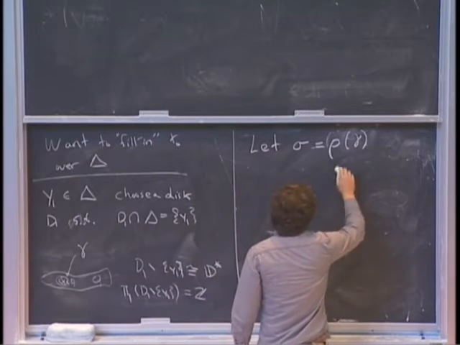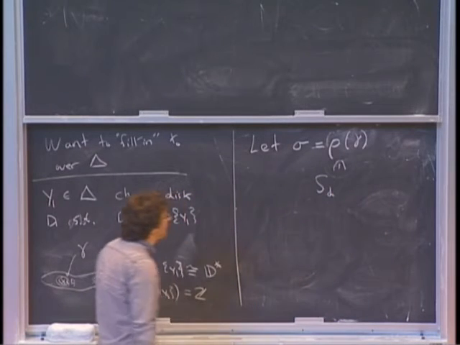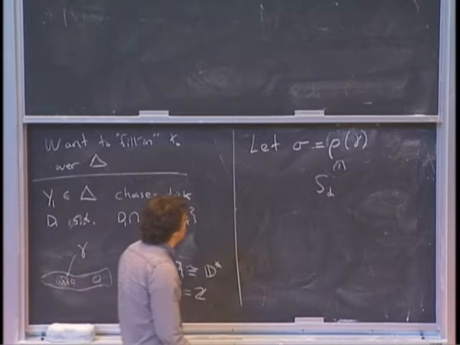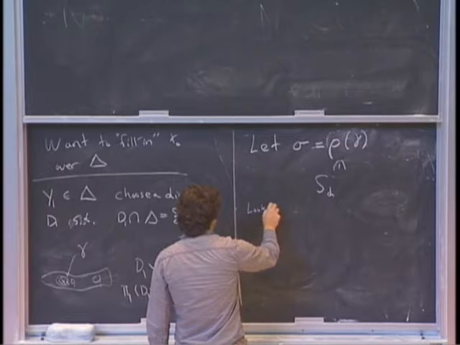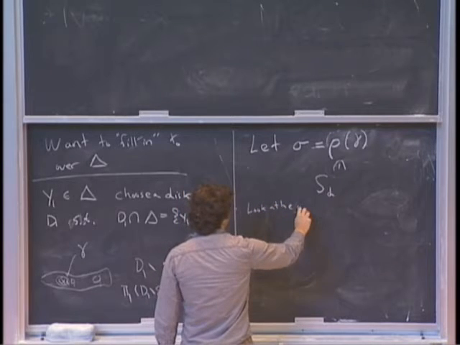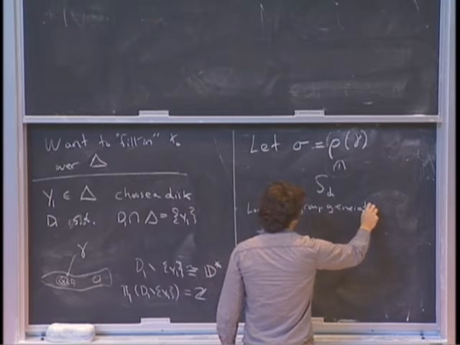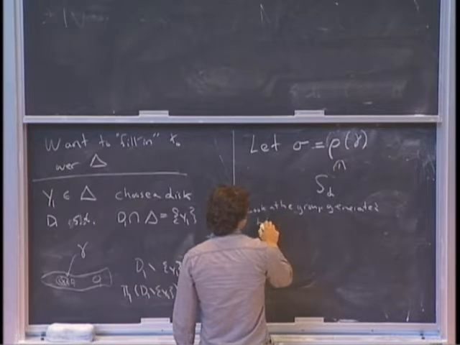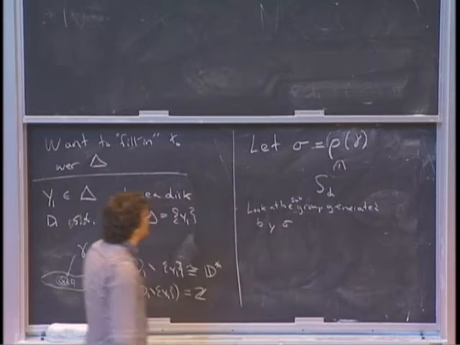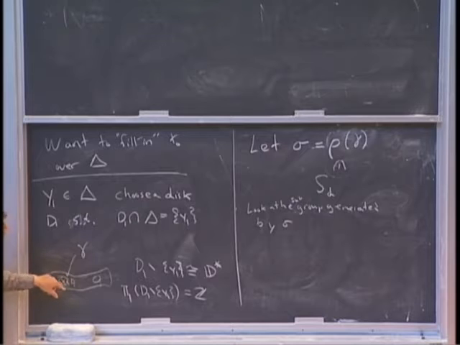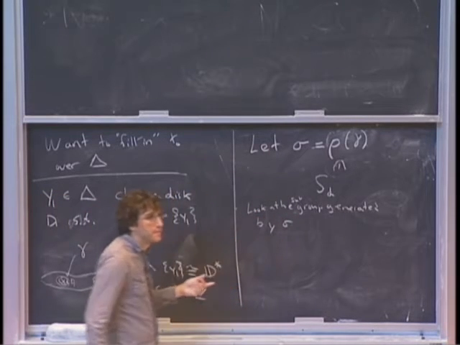This is an element of the symmetric group on D elements, and we look at the subgroup generated by sigma. The first thing we note is that because this is an abelian group, the subgroup generated by sigma is also abelian.